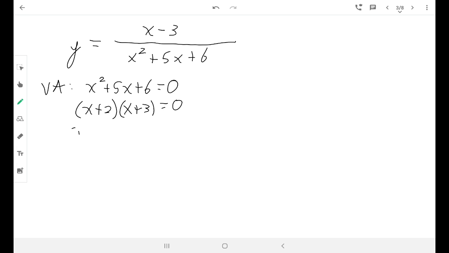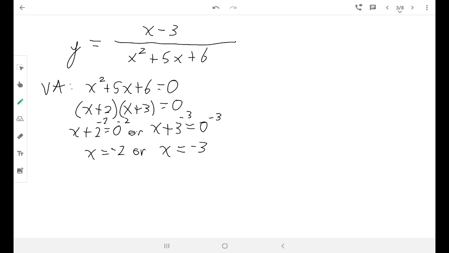And then that means that either x plus 2 equals 0 or x plus 3 equals 0. And then you subtract 2, and you get x equals negative 2, or you subtract 3, and you get x equals negative 3. So that's where my vertical asymptotes are.